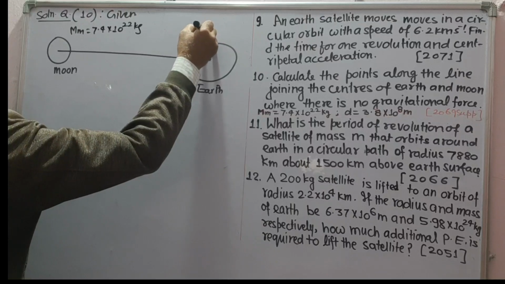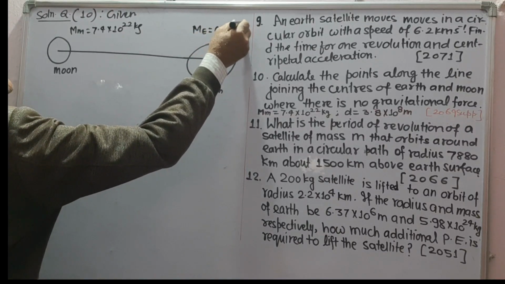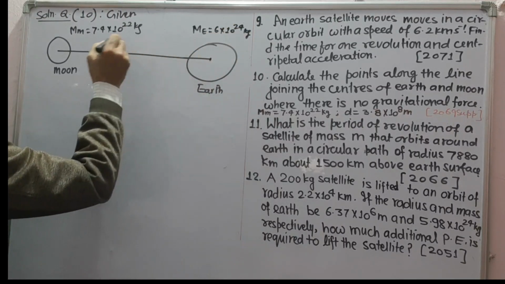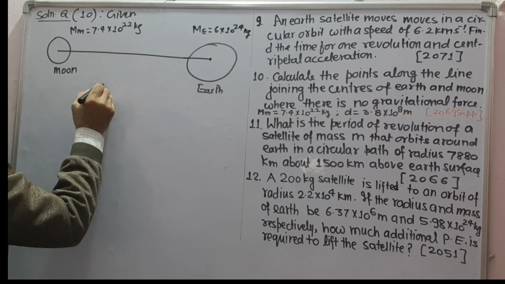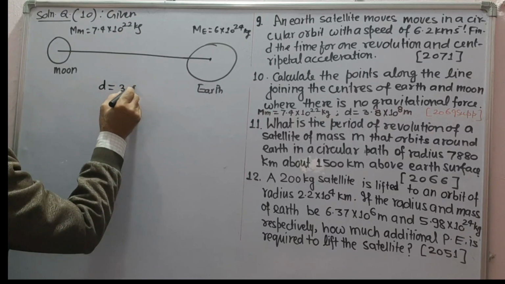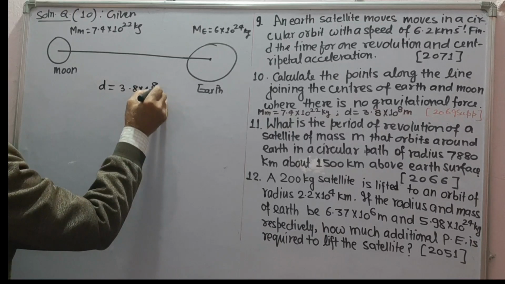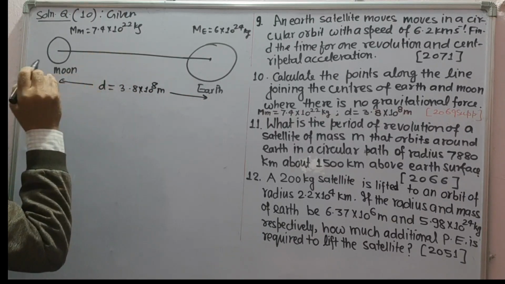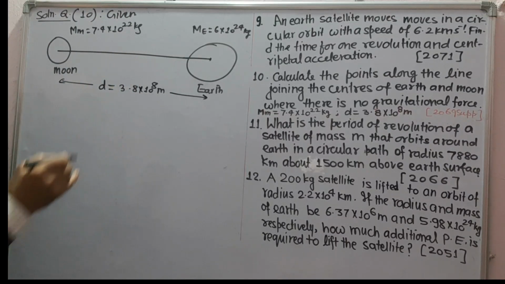Mass of Earth is 6 into 10 to power 24 kg. Distance between the centers of Earth and Moon is D equal to 3.8 into 10 to power 8 meter. In this distance, we have to find the position where there is no gravitational force.